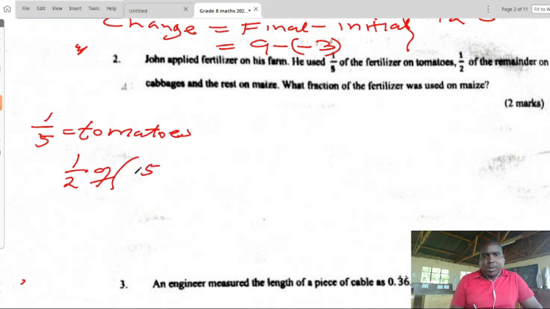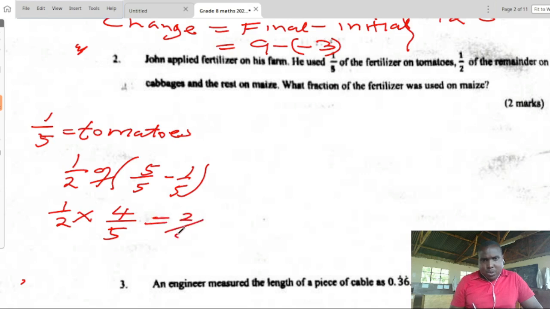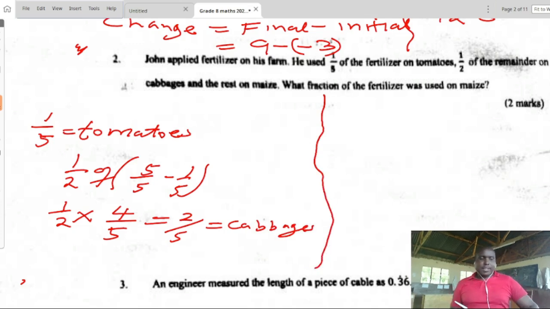What remained? Initially we had 3/3 minus 1/3. So what is remaining? A half of means multiplication. 3 minus 1, that is 2/3. So when you multiply this, you find that this will remain 1/3. So this one is for cabbages.